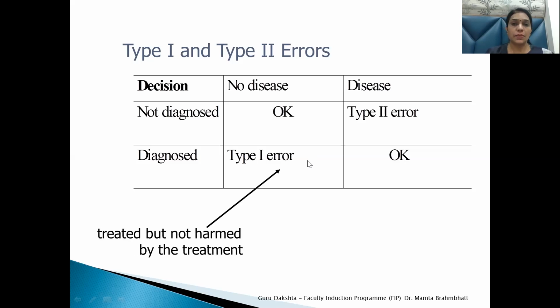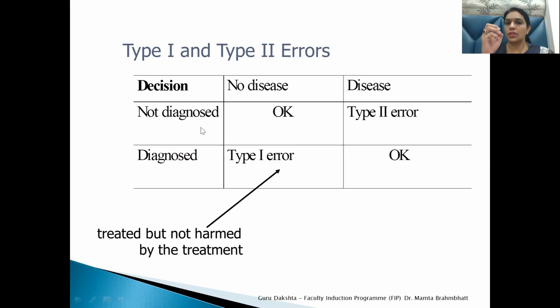Say for example, the disease was there. XYZ person was suffering from something, but the doctor is not able to diagnose that particular disease. Let me take the example of my own family. My mother-in-law was suffering from cancer, but in the earlier stage, when we consulted doctors, the doctors told us that yes, there is no disease.